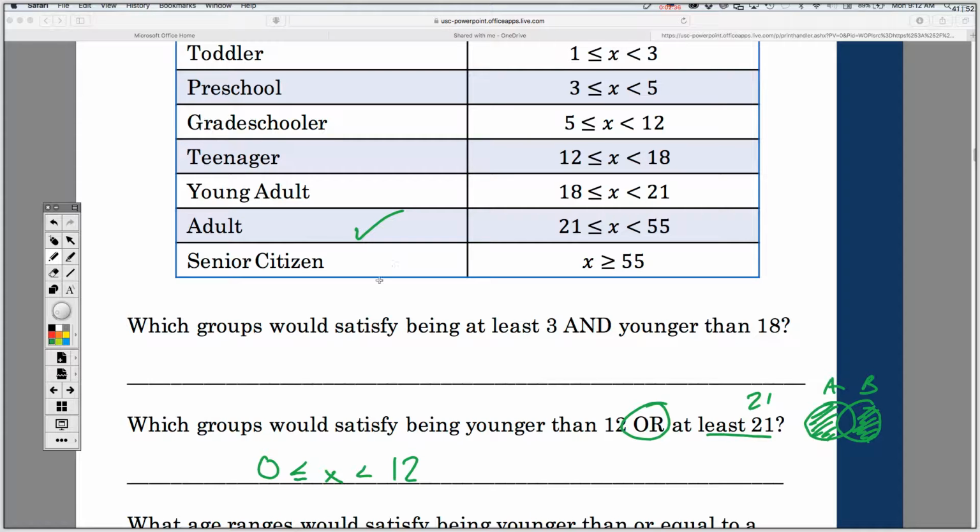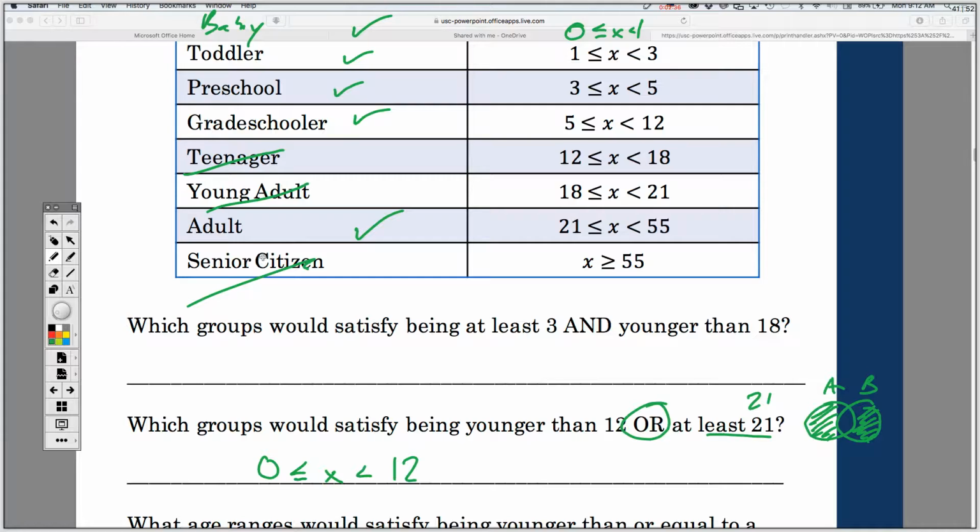Adult. So it would be adult. And what's the other? Is toddler between 0 and 12? Yeah, preschooler? Grade schooler? What about baby? Baby was up here, and baby was between 0 and 1. Okay, so it wouldn't include teenager, young adult, or senior citizen.